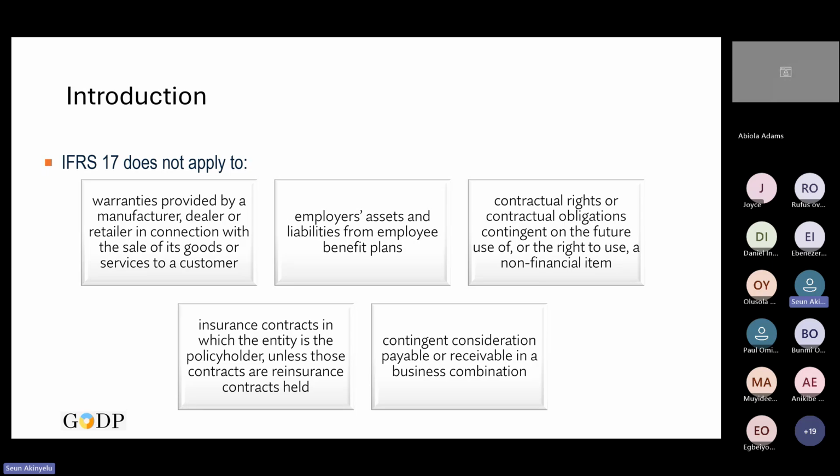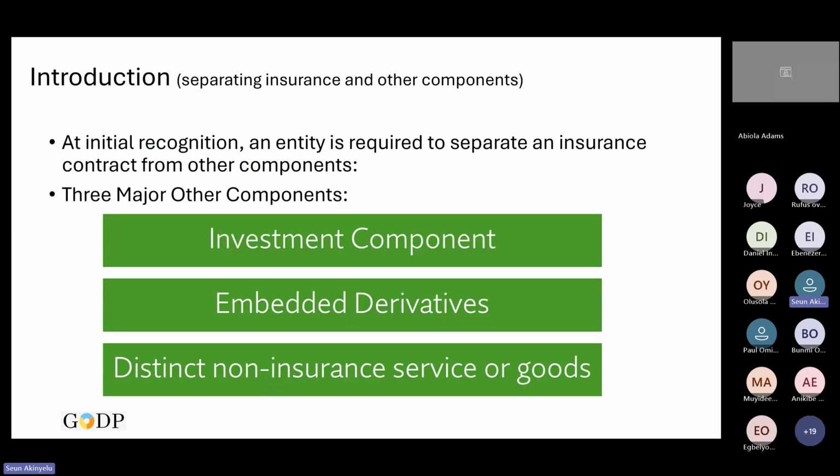Then you have a contingent liability. Contingent liabilities are not within this too. So where you have a contingent consideration payable in a business combination, it is outside the scope. All these are outside the scope of IFRS 17.